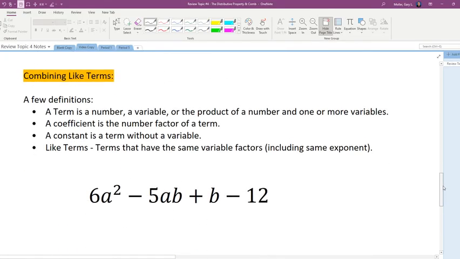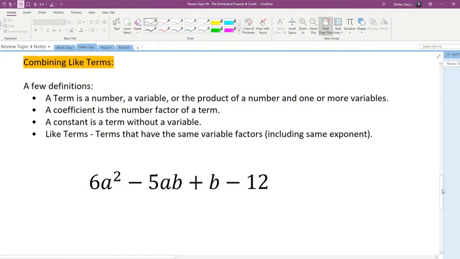All right, let's talk briefly about combining like terms, which again is nothing new. When we are adding and subtracting, well, first let me back up. We need to talk about what a term is. It could be just a number, could be just a variable, or it could be a combination through multiplication or division, I suppose, of a number and a variable.